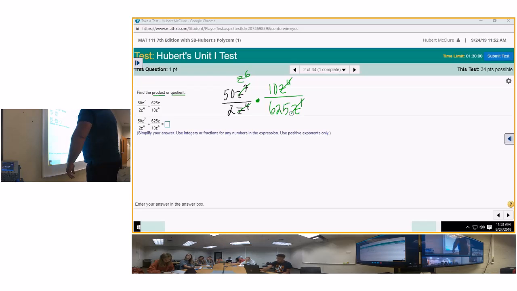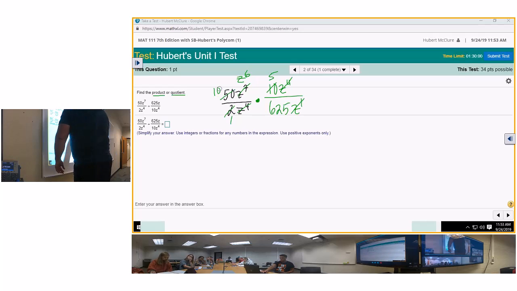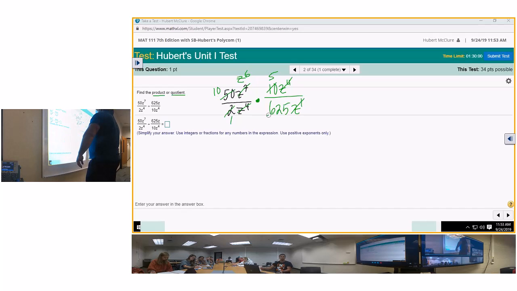And 2 will go in there 1 time, 2 will go in there 5 times. 50, let's hold off on the 50. We know 5 will go in there 10 times. 5 will go in here how many times? 125? Right? 5 will go into 125 how many times? 25.